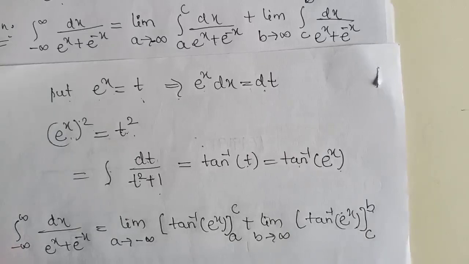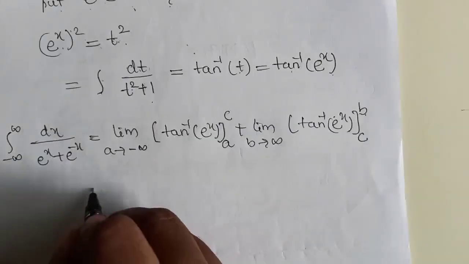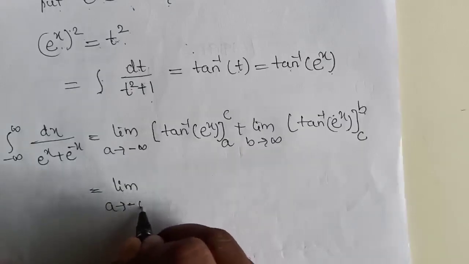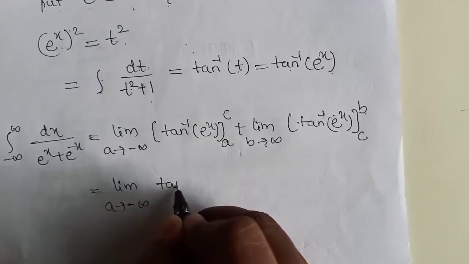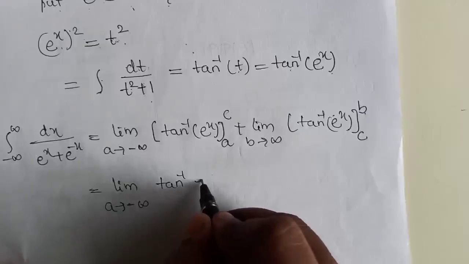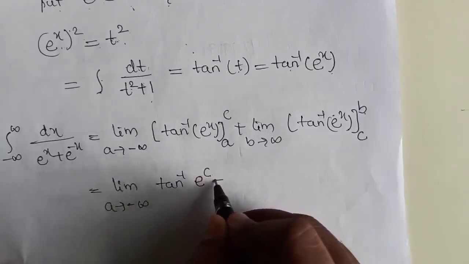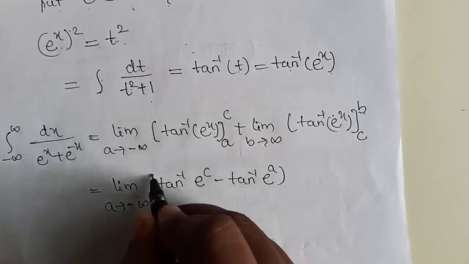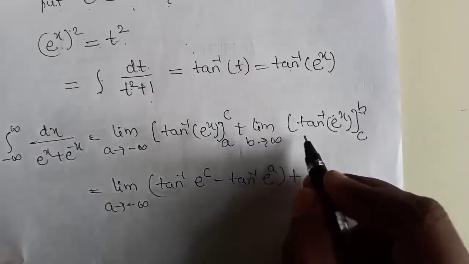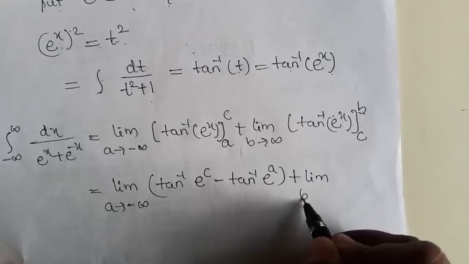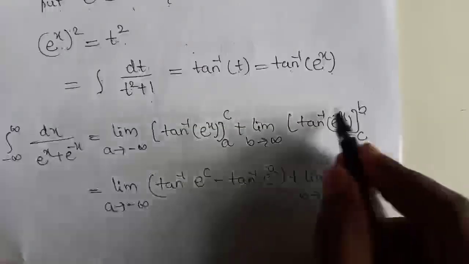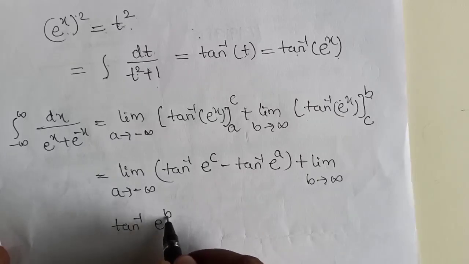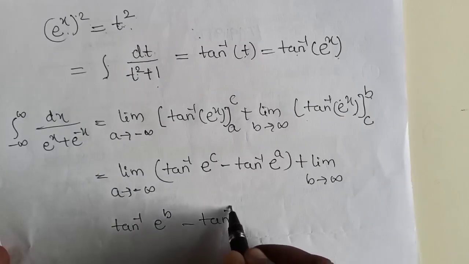Further simplifying, we get limit a tends to minus infinity of tan inverse of e raised to c minus tan inverse of e raised to a, plus limit b tends to infinity of tan inverse of e raised to b minus tan inverse of e raised to c.